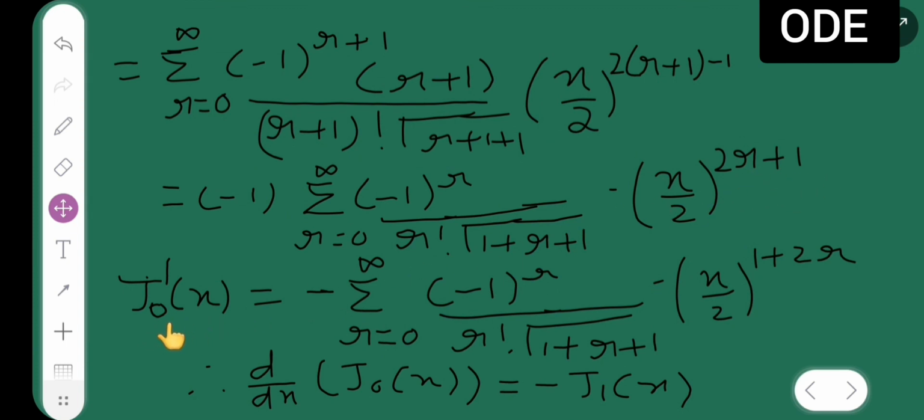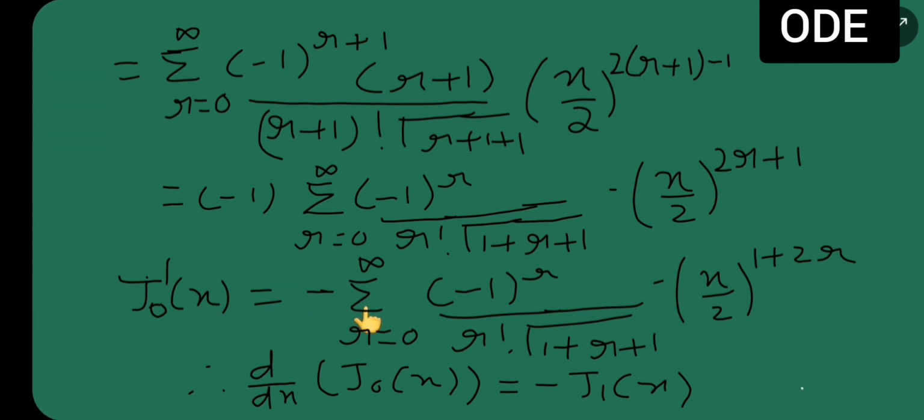Then J0 dash of x is equal to minus the summation of r equals 0 to infinity of (-1)^r upon r factorial, and this you write as it is, gamma of 1 plus r plus 1, into (x/2) raised to 1 plus 2r, so that this becomes minus J1(x).